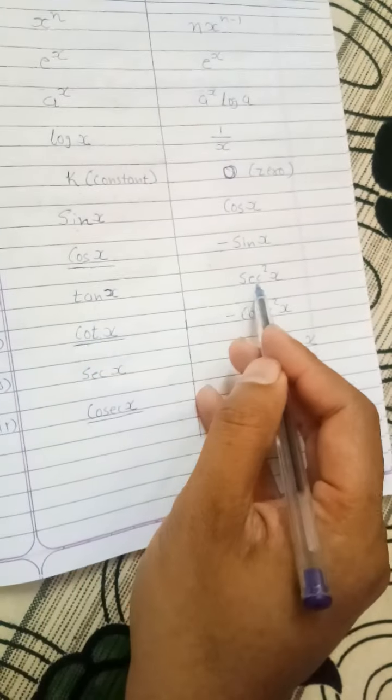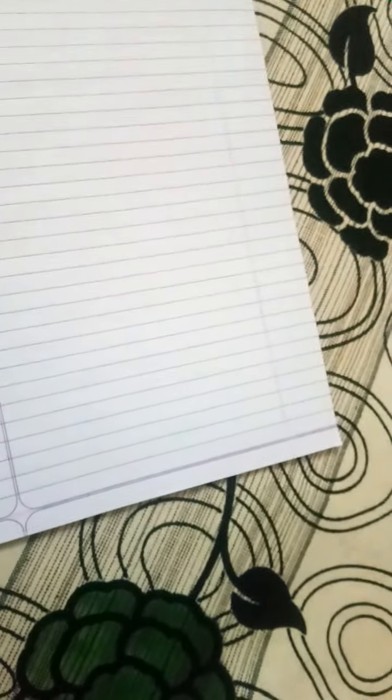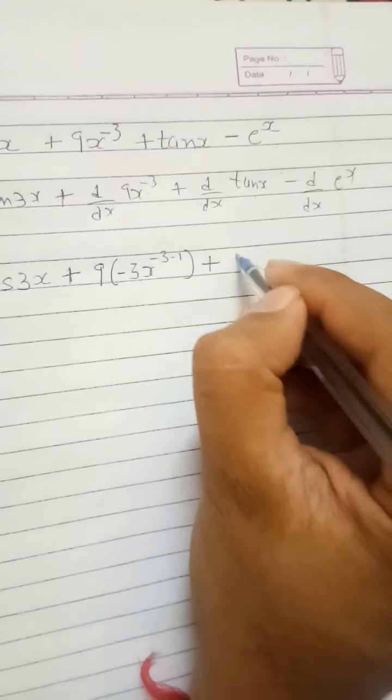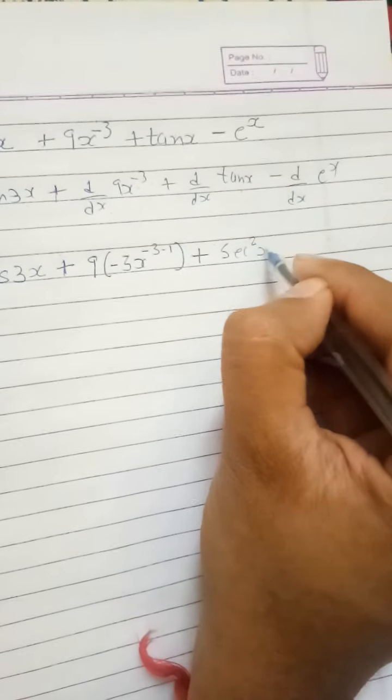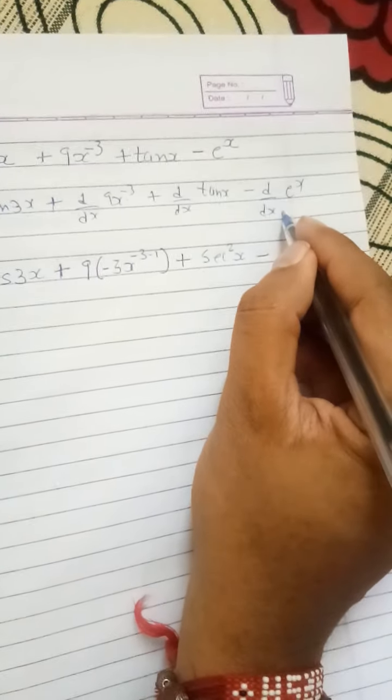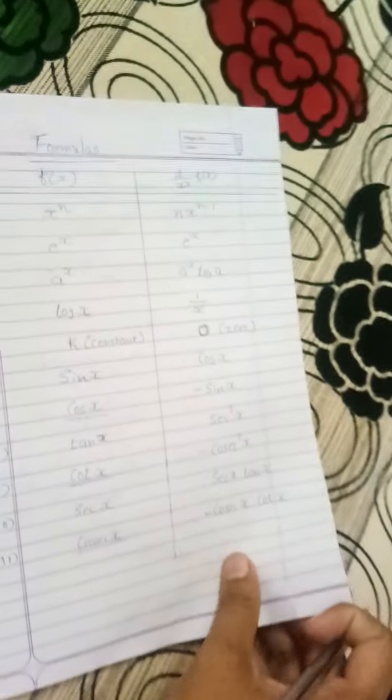You can see derivation of tan 10x is nothing but sec square x, so you will get sec square x minus derivation of e raised to x, and derivation of e raised to x is nothing but the same, which is e raised to x only.